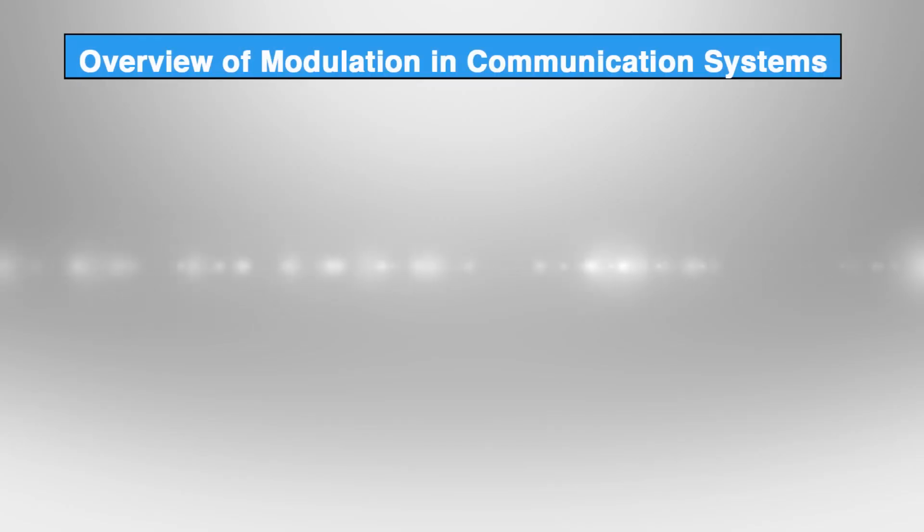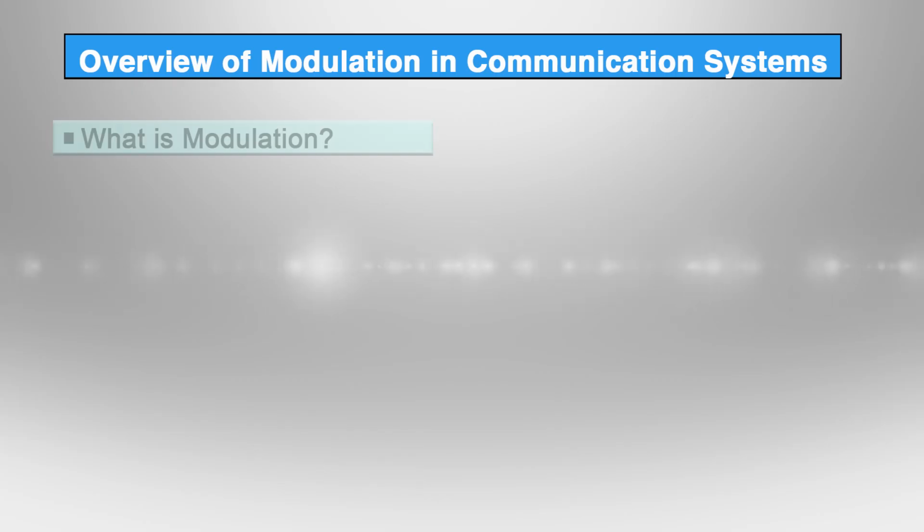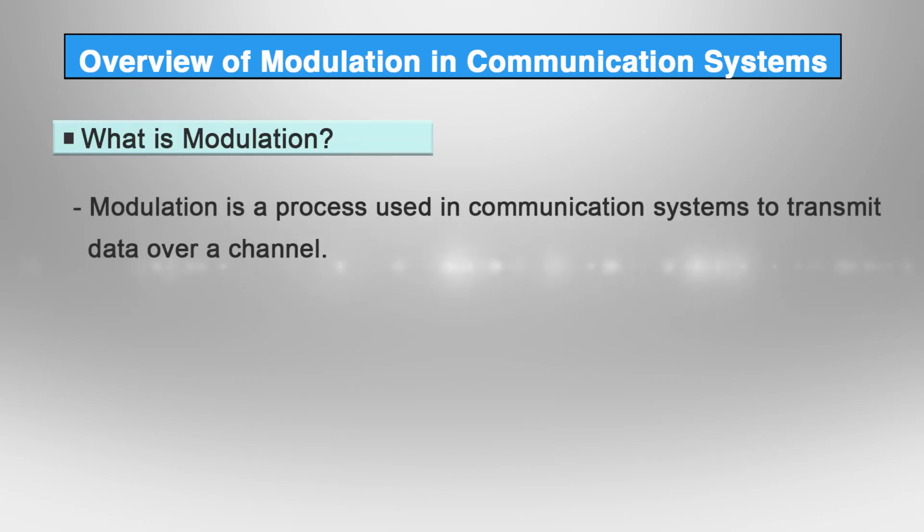Overview of modulation in communication system. What is modulation? Modulation is a process used in communication system to transmit data over a channel. It involves varying one or more characteristics of a carrier signal such as its amplitude, frequency or phase in accordance with the data signal.